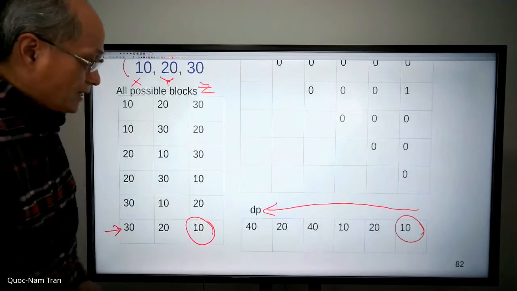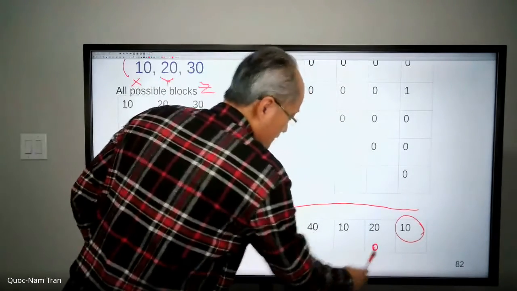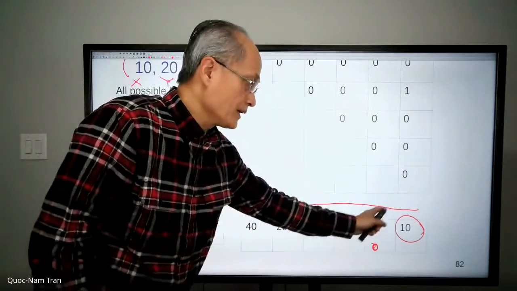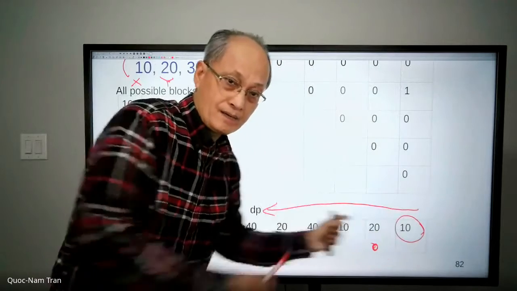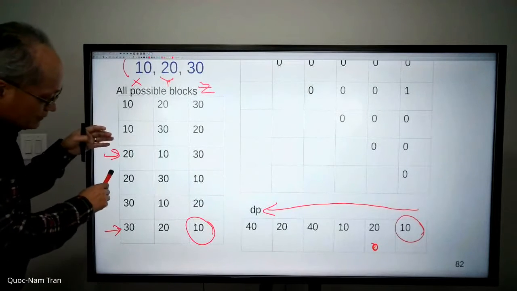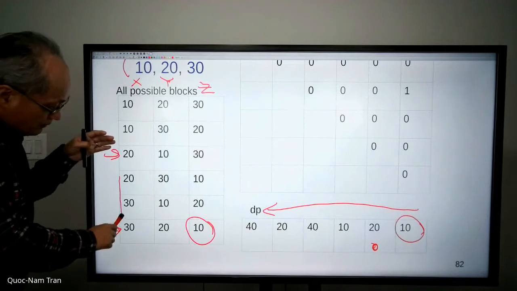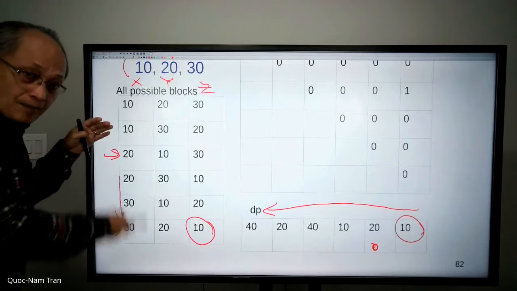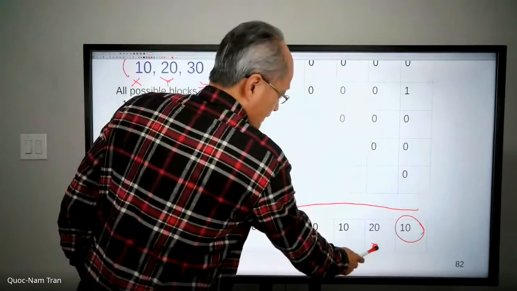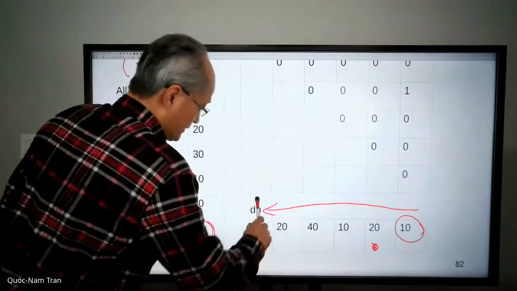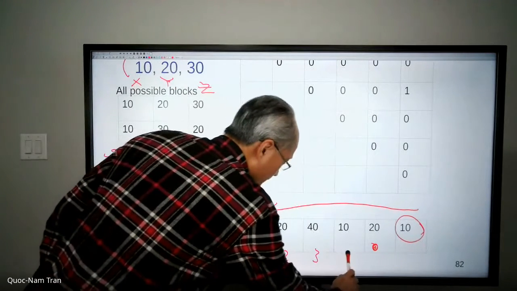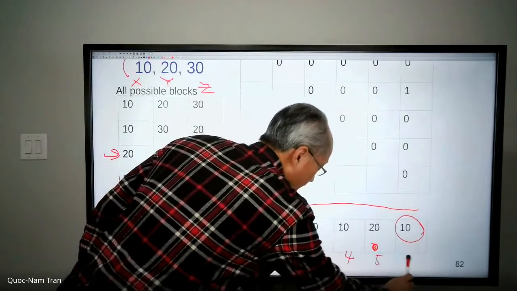Okay. So now I start with this. I just want to know whether or not this block can be put on the bigger one on the right-hand side. Or in other words, if I'm working at this block, I want to see if this one can be put on top of the bigger one, meaning below that, right? So for this one, let me write here 1, 2, 3, 4, 5, 6.